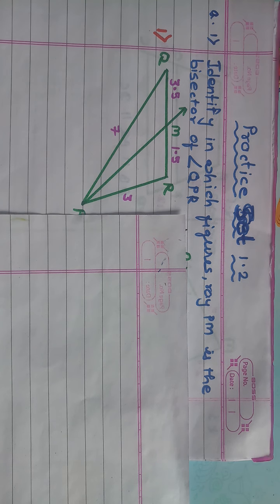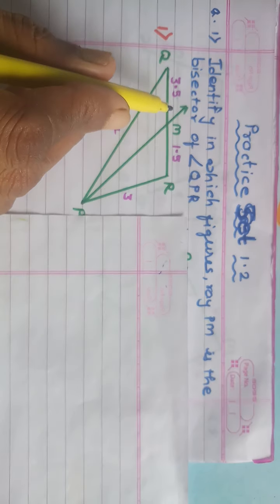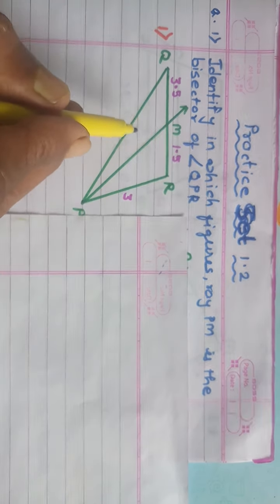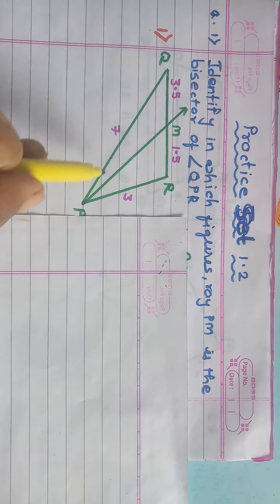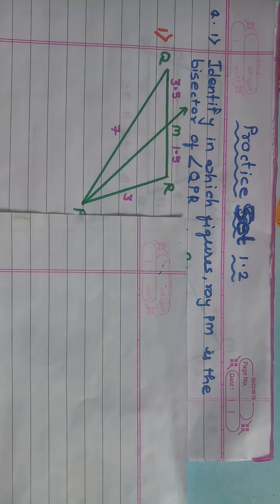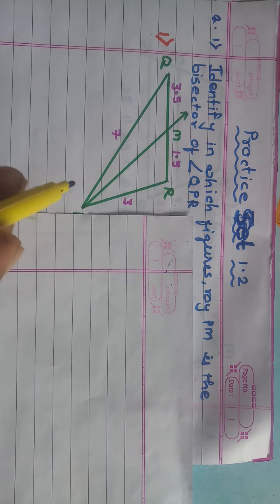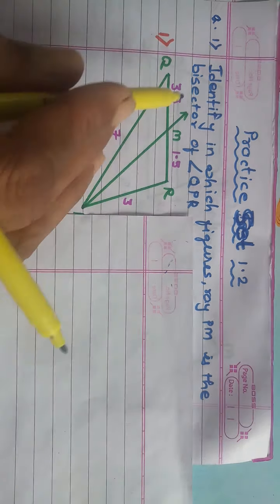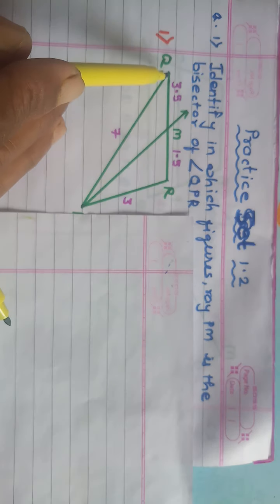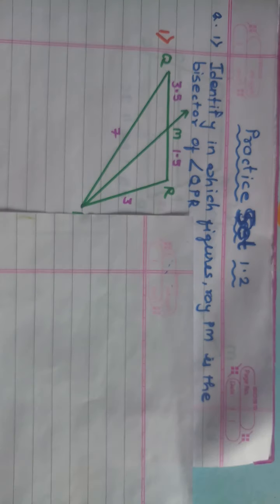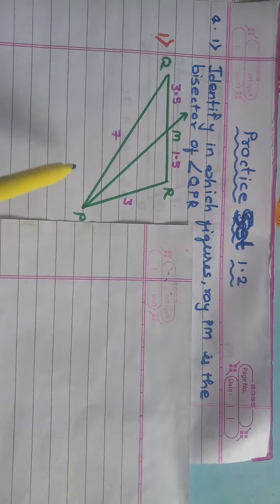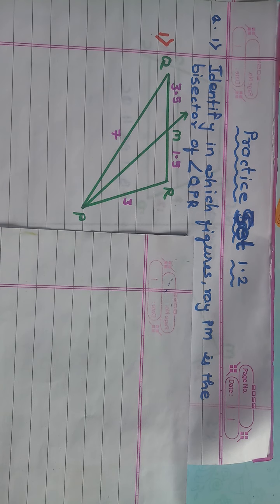Okay, so here in this sum we have to identify in which figure ray PM is a bisector of angle QPR. So if this is a bisector, then the ratio of these two segments should be equal to the ratio of these two segments.